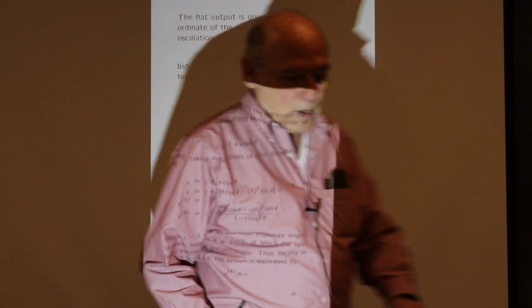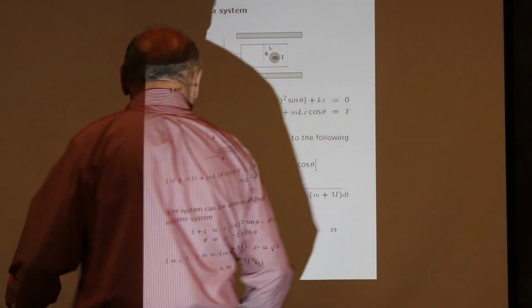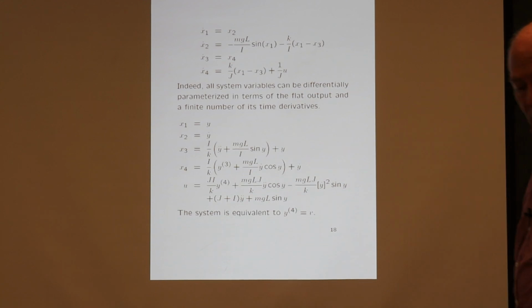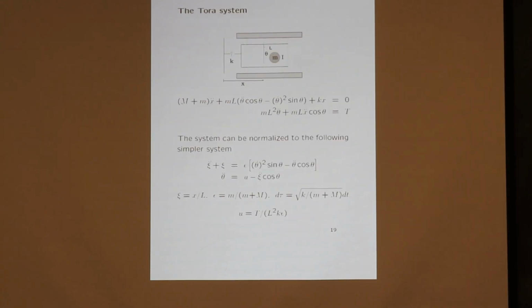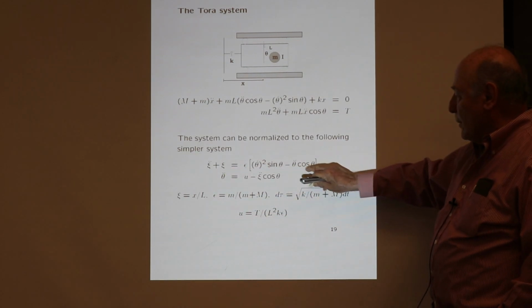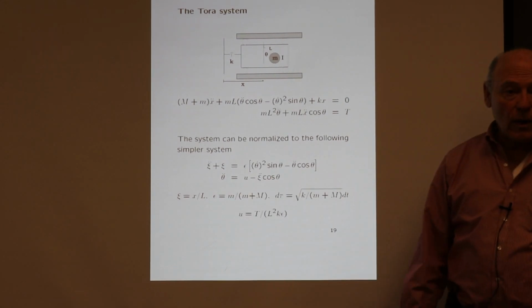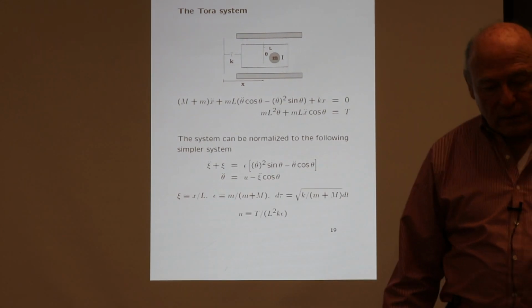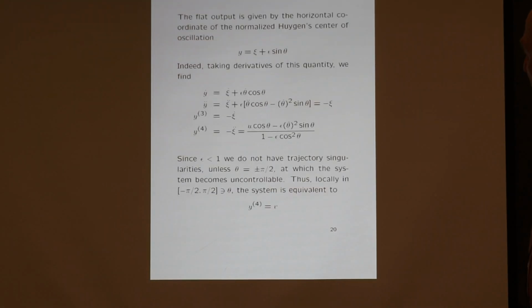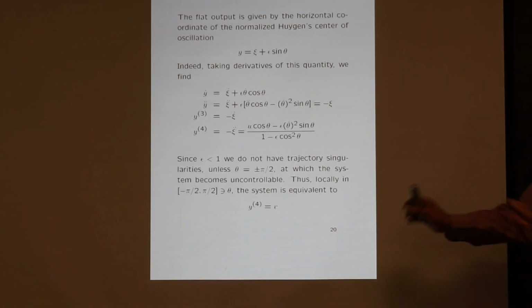Because of the form of the equations, you know that the second derivative of C depends on the second derivative of theta, and theta already depends on the control. So you can take up to 4 derivatives of that flat output until you find the control. So this system is flat.